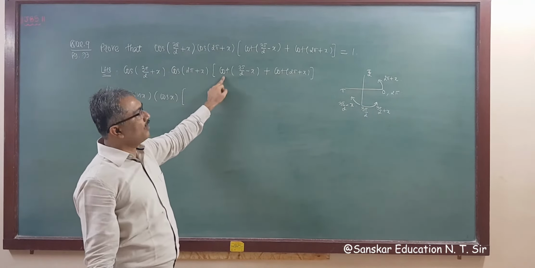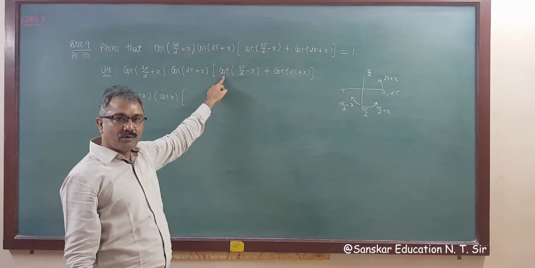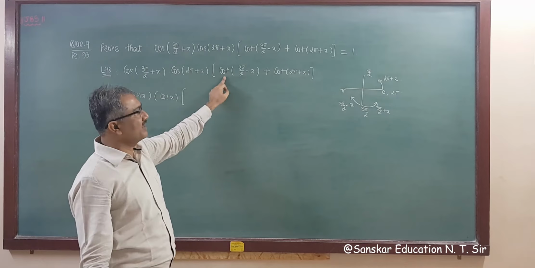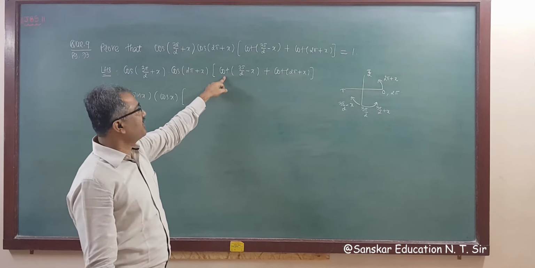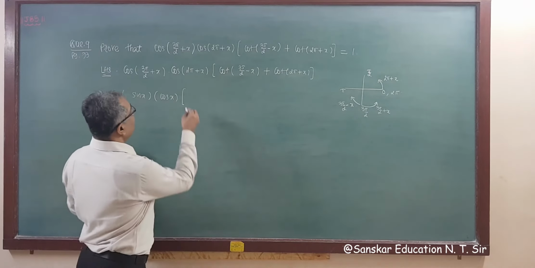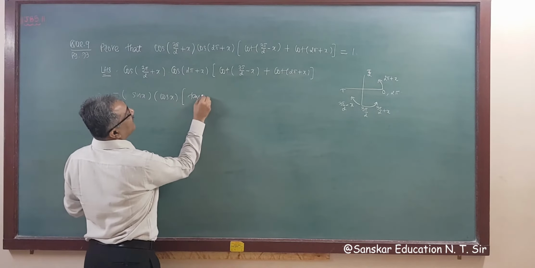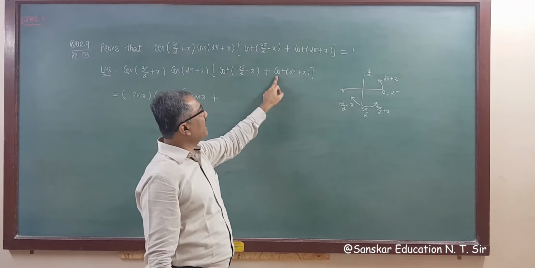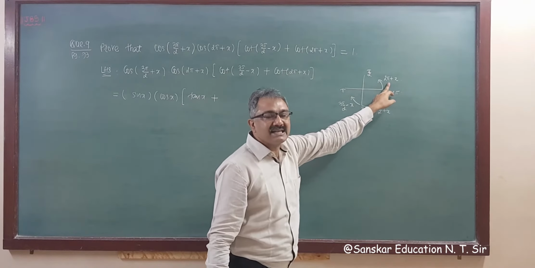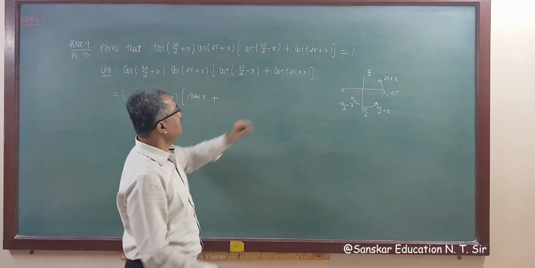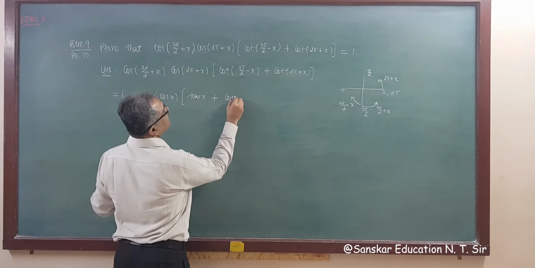In the third quadrant tan and cot are positive, so cot is positive, and it changes to tan, so the answer will be tan x. Plus cot(2π + x), again the first quadrant, all positive, no change, so the answer is cot x.